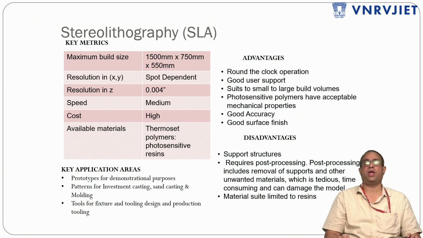When you compare with all AM processes, it produces a good surface finish. Coming to drawbacks, removing the support structures is a tedious task, because additional post processing is required and much more care must be taken to remove the support materials. Now you can see a brief video of this SLA process.